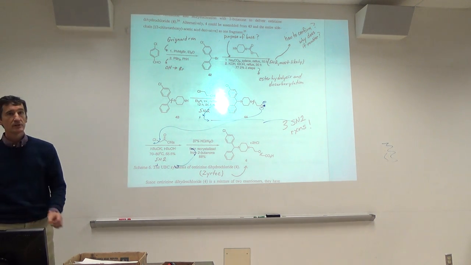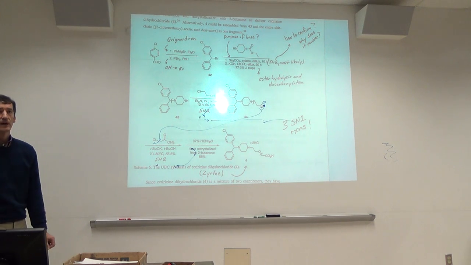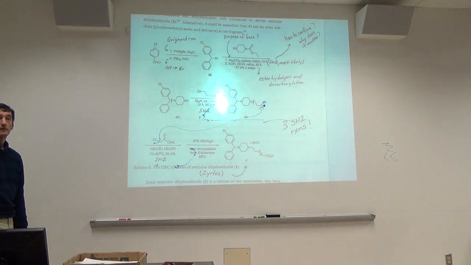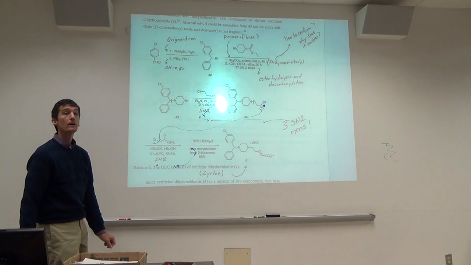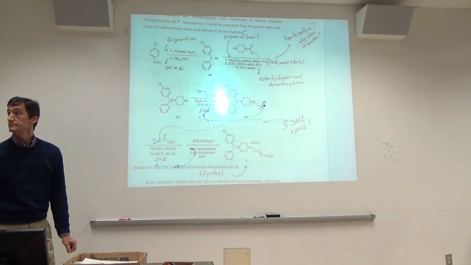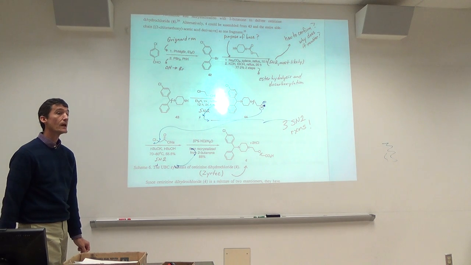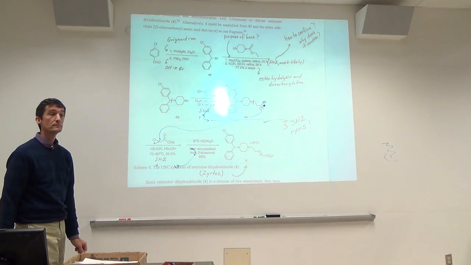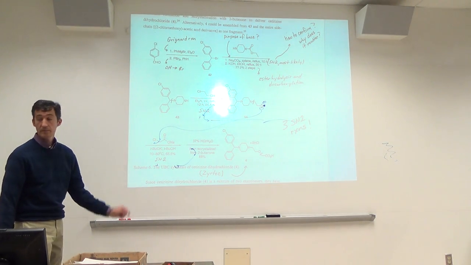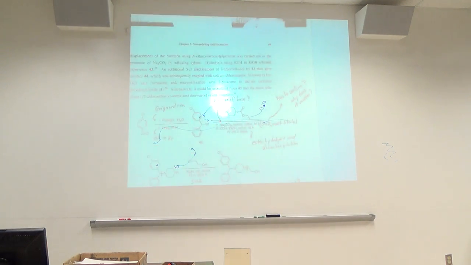We said hydroxide was not strong enough to make it O minus of a regular alcohol. Anybody? Abdul? No, we want to make the sodium alkoxide. I'll leave that with you.